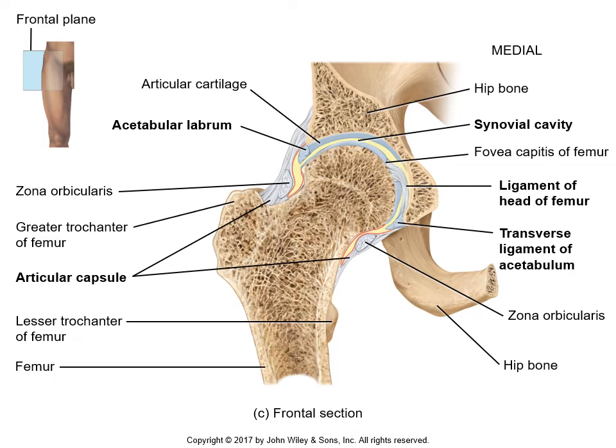Now here's where we get to some of the more interesting stuff. Not that the ligaments weren't interesting, but here we can start to see inside of the joint. And that's one of the things with the hip joint: think of how much stress, weight and force the hip joint has to be able to withstand.